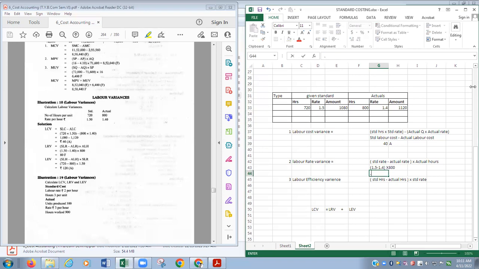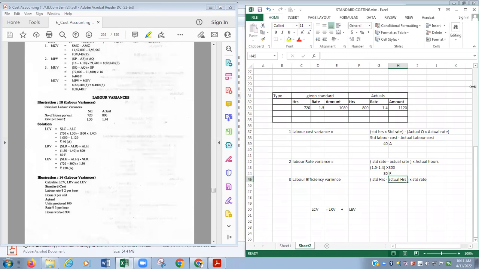So it will be 0.1 into 800, which is 80. And since we have saved on the rate, this will be favorable. So I'll mark it as F.